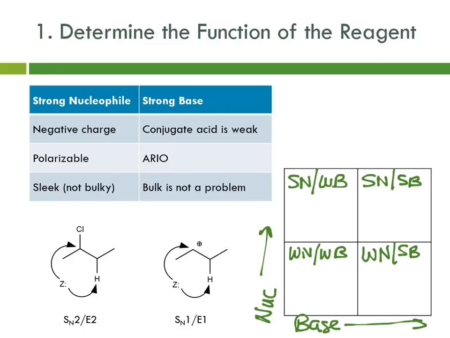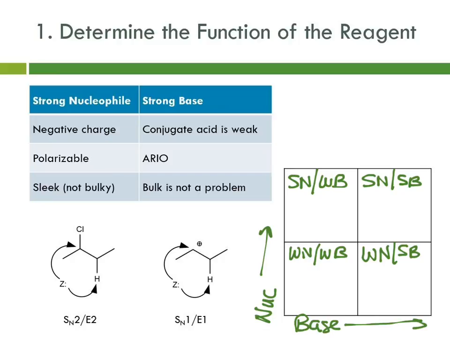Then to predict the mechanism, we need to think about what sort of mechanism each of these types of reagents favor. Well, a strong nucleophile, strong base. When the reagent is strong, the bimolecular reaction mechanisms are favored.